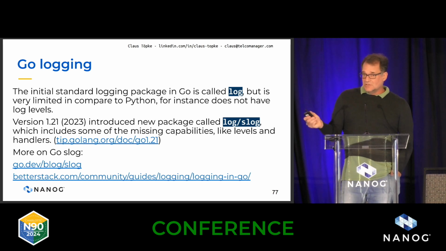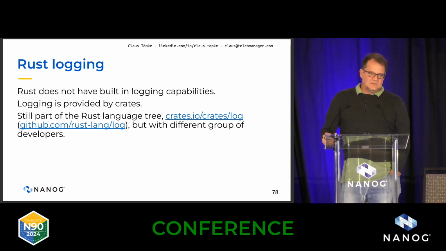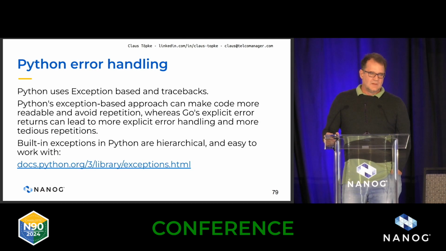So you can import other logging packages, right? People have created other logging libraries for Go which are much better, but they're not included in the standard library. I'm talking about the standard library here. In Rust, there isn't any standard library for logging, so you have to use some crates. And they have great crates for logging in Rust as well, but they are not in the standard library.